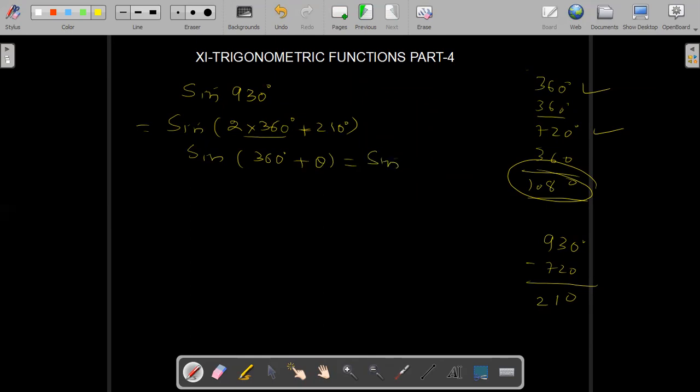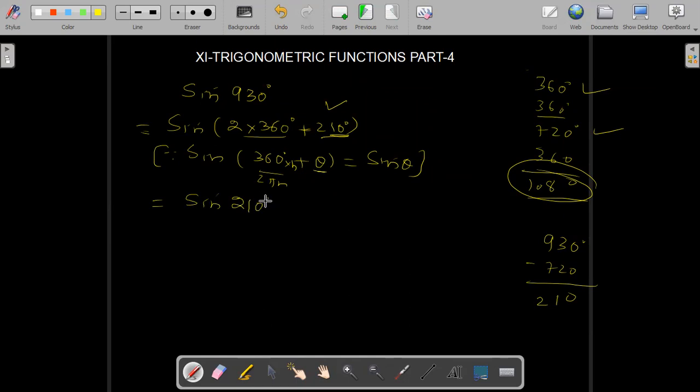Correct? This formula applies here, or you can also write 360 into n, or 2 pi n, same thing. So this will reduce to theta. Theta is 210 here, so it will reduce to sine 210 degree.